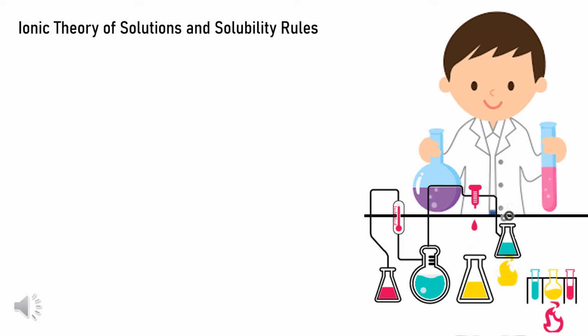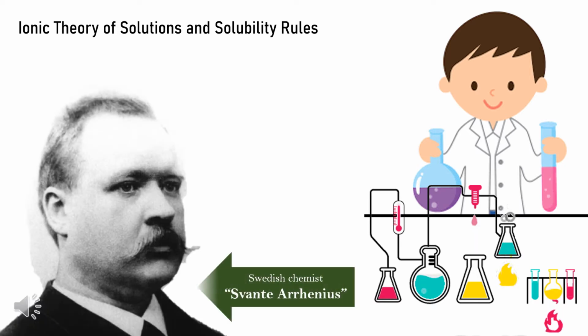In 1888, the young Swedish chemist Svante Arrhenius proposed the ionic theory of solutions to account for this conductivity. He said that certain substances produce freely moving ions when they dissolve in water, and these ions conduct an electric current in an aqueous solution.